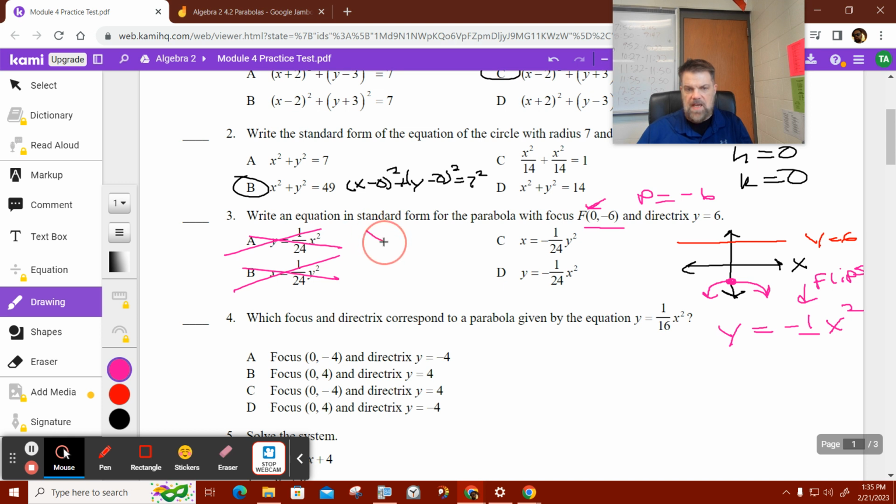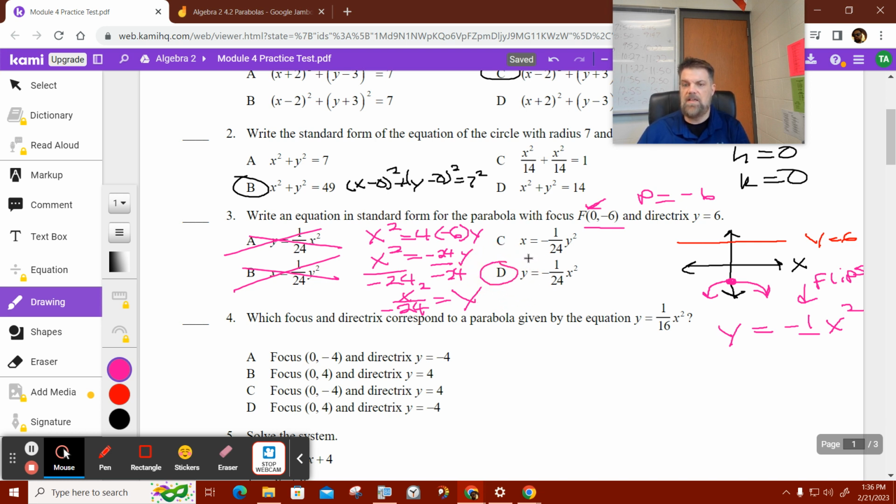So then x squared is equal to 4 times p, which is -6, times y. So this becomes -24 times y, which is x squared. Then algebraically, we're just going to divide both sides by -24. And so we get x squared divided by -24 equals y.